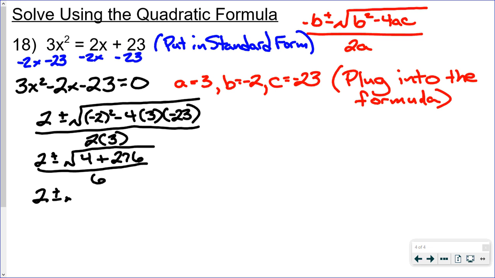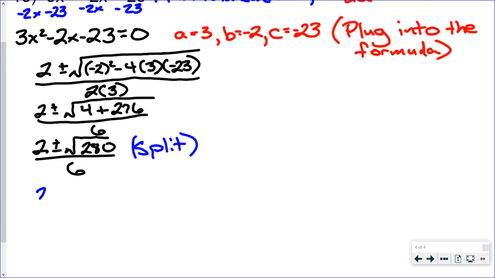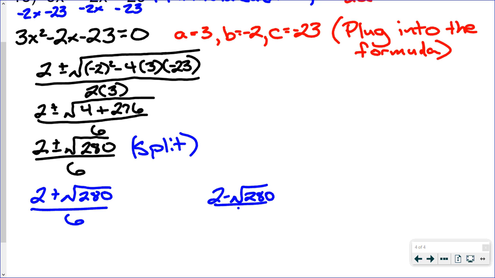So 2 plus or minus the square root of 280 over 6. And now at this point, I'm going to split it into my two expressions. The first one I have is 2 plus the square root of 280 over 6, and the other one is 2 minus the square root of 280 divided by 6.